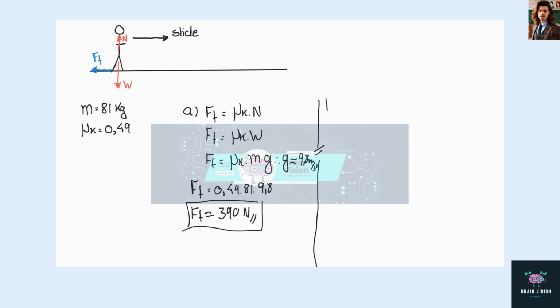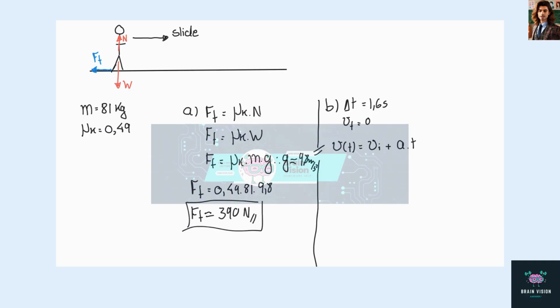On the second item, we have the following. The player started to slide, and after a time of 1.6 seconds, it comes to rest. So the final velocity is equal to 0. Then, what was his initial velocity? To answer that question, we can use the following equation. The velocity as a function of time equals the initial velocity plus the acceleration times the time interval.